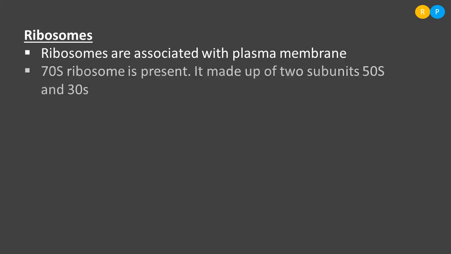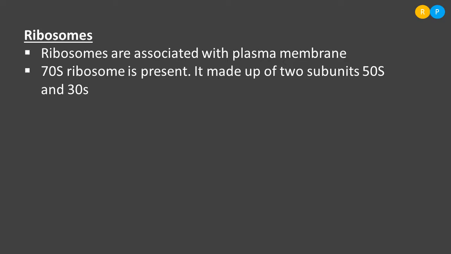But the type of ribosome in the prokaryotic cell is the 70S type of ribosome. So you have to understand this. The 70S type of ribosome is present in the prokaryotic cell. But if you see the eukaryotic cell, they consist of 80S type of ribosomes, and this 70S type of ribosome consists of two subunits.